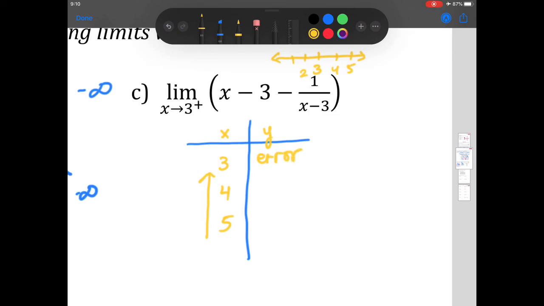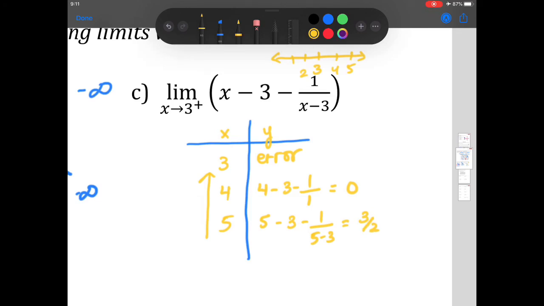So substitute in these values. I'm just going to substitute with you. It'll be 4 minus 3 minus 1 over 4 minus 1 is 1, which would be 0. This would be 5 minus 3 minus 1 over 5 minus 3, which is 3/2.